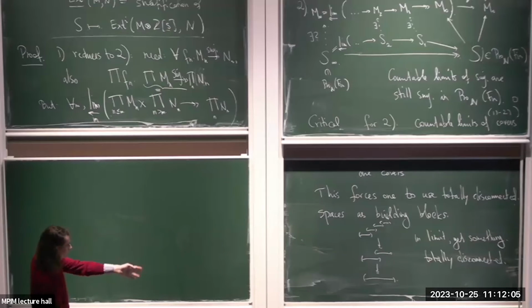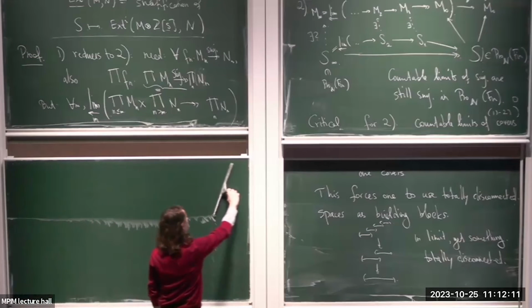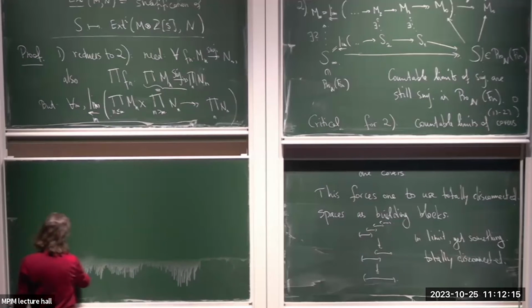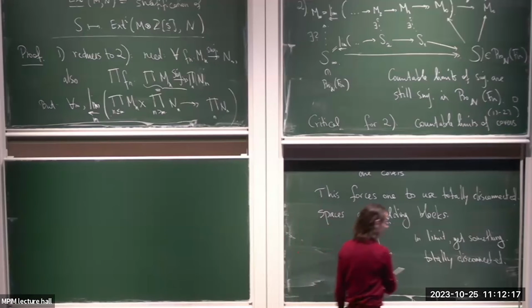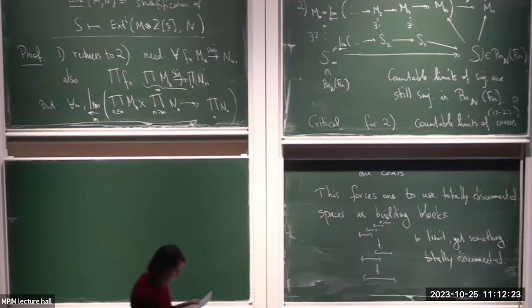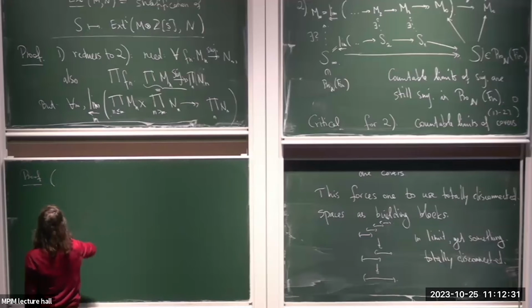And for this reason, we allowed these countable limits, or all limits of covers, to still be covers. So this is really the origin of this whole theory. All right. So this was a small interlude.